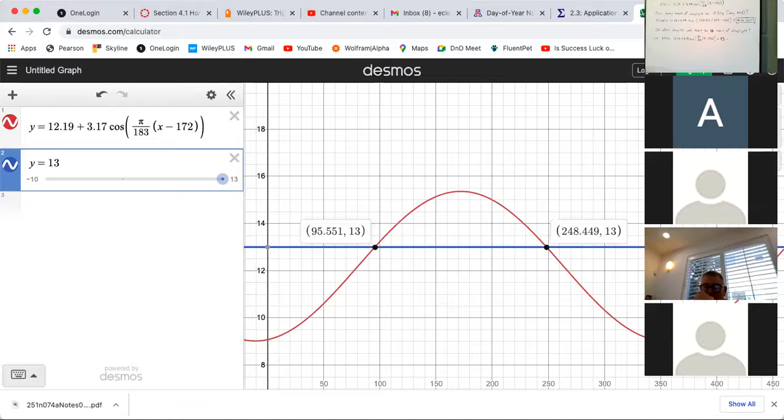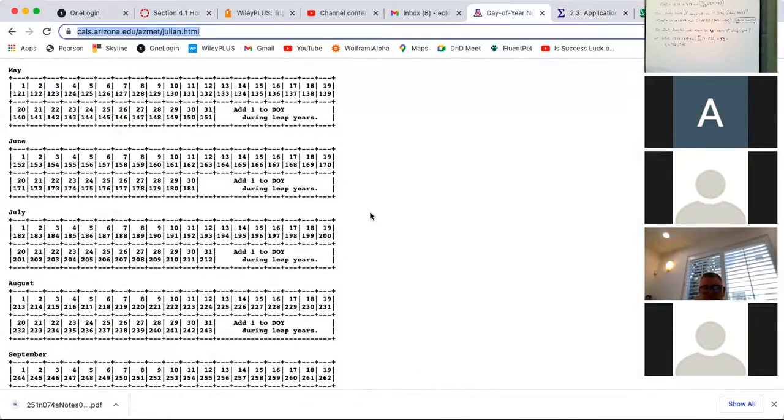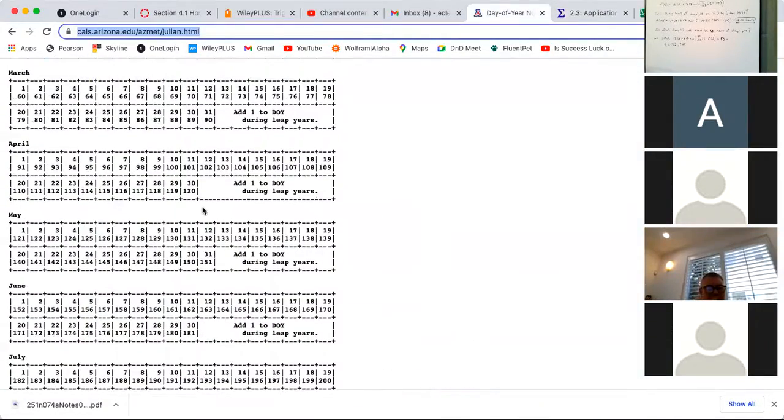So it looks like we have two solutions. t is equal to 95.5, and I'll just round these off because they're days, and 248. So it looks like on day 96 and on day 248, we'll have 13 hours of daylight. Let's see, I've got to look them up. I can't do this math in my head.